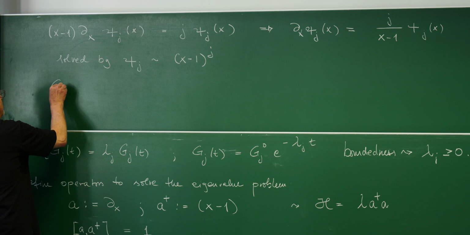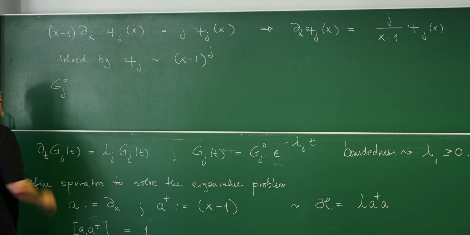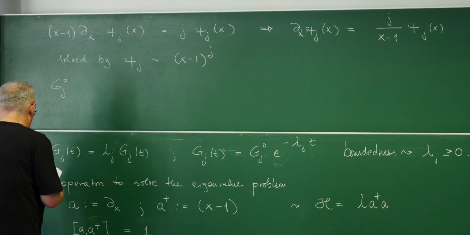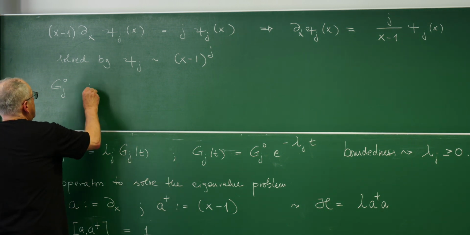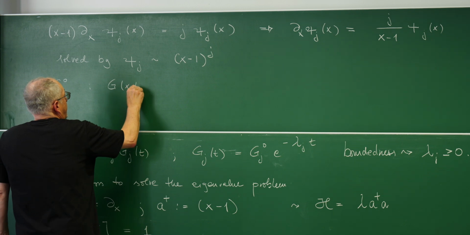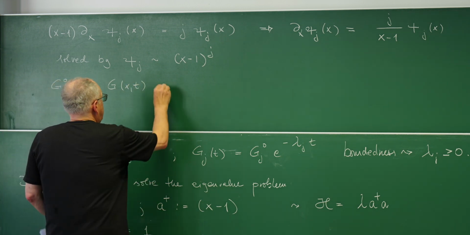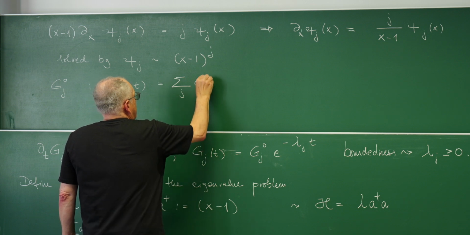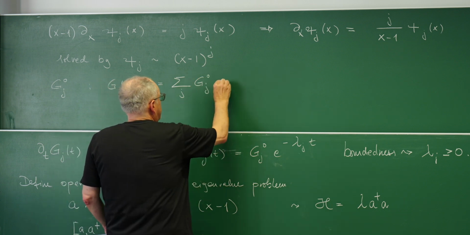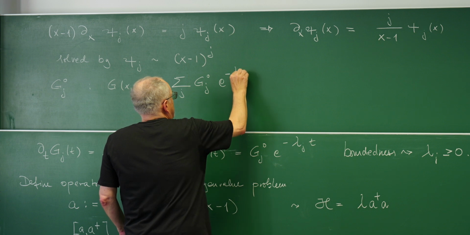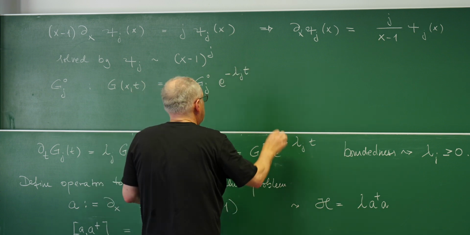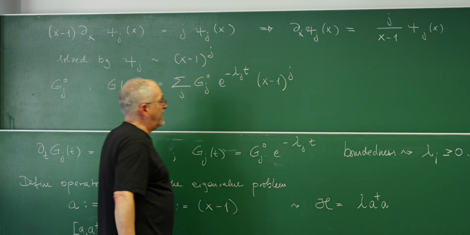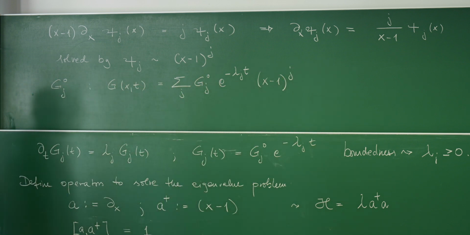We need to know the initial values for that. So for the initial values, we just write out what the generating function is. It's a sum over j of the initial values, times the exponential decay, and here are the eigenfunctions, (x minus 1)^j.